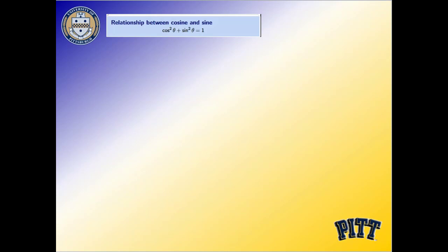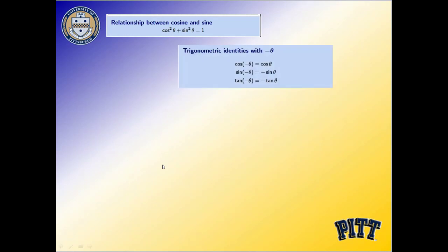The other ones that you see represented in your textbook, you have this one here. This is just a result of the whole idea behind "All Students Take Calculus." If I look at negative theta versus theta, you have to remember that if theta is in quadrant one, that means that negative theta would be in quadrant four.